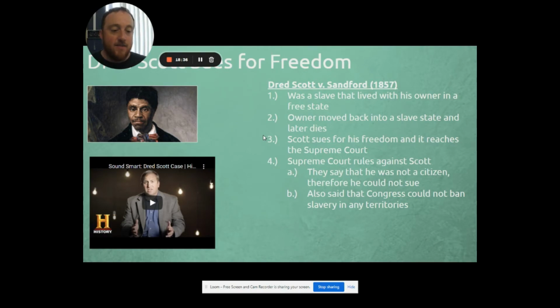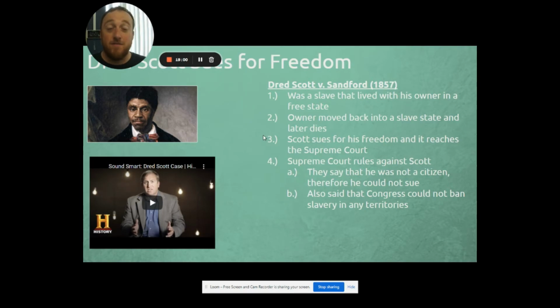It seemed that with the Missouri Compromise you were going to have more free states than slave states. And then the Kansas-Nebraska Act and the Compromise of 1850 kind of throw that out the window. And now you have all this extra territory that can now be a slave state or slave territory. So that's a big part of this case.